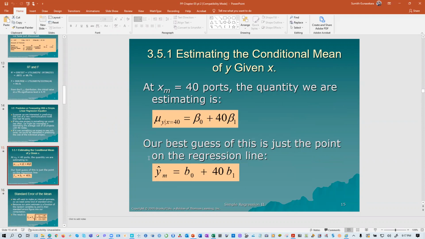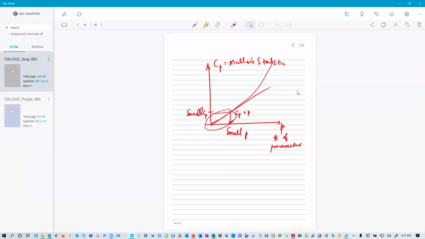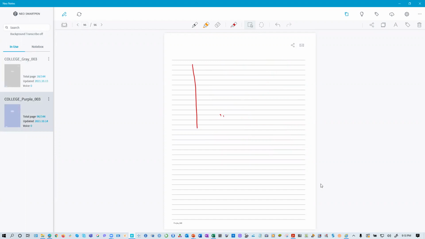Let's say you have this length. We have this scatter plot, where this is the weight and this is the length. The points are scattered around the baseline.